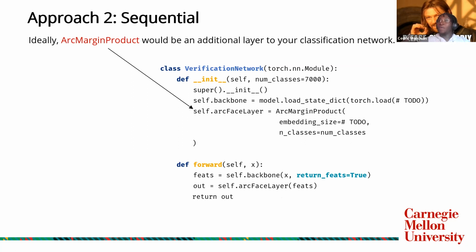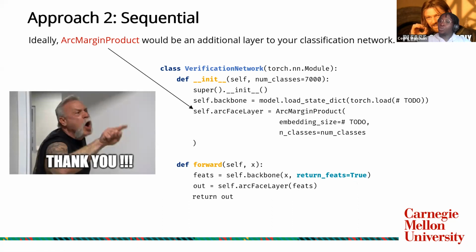The only thing is that you have a high dimensional output vector, basically 7,000 dimensional, as opposed to something like the 512 embeddings you would have if you reduce the number of output features. So it is quite simple to build this verification network around your classification model.